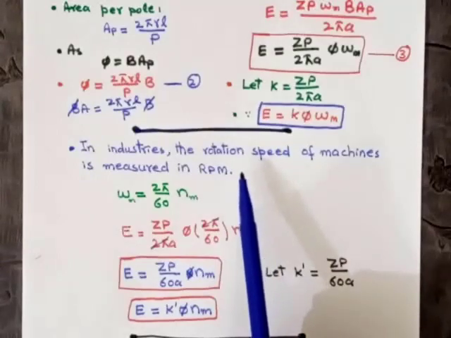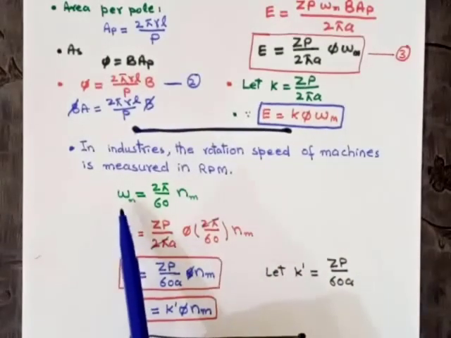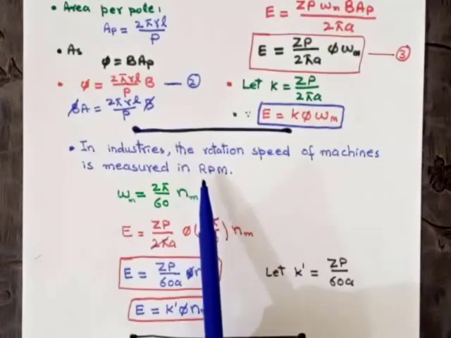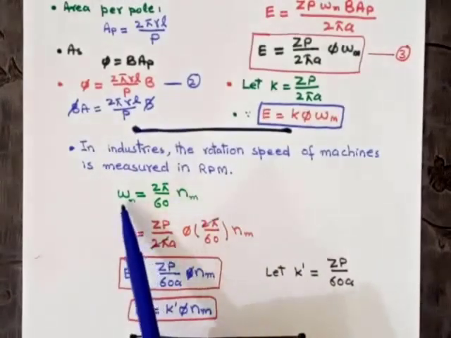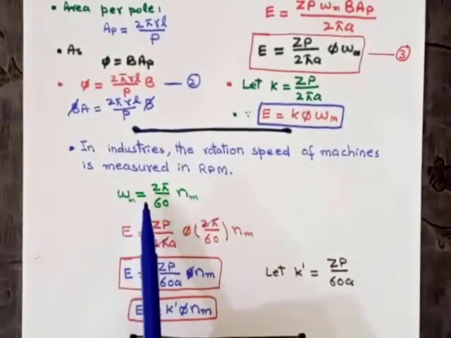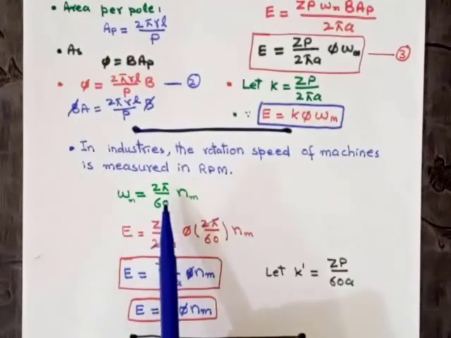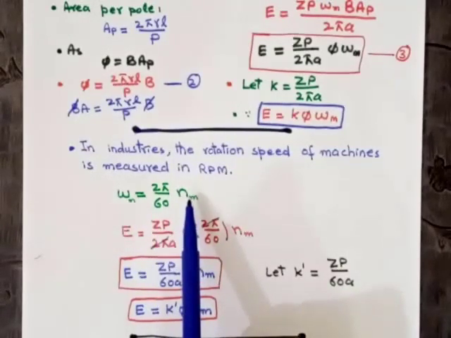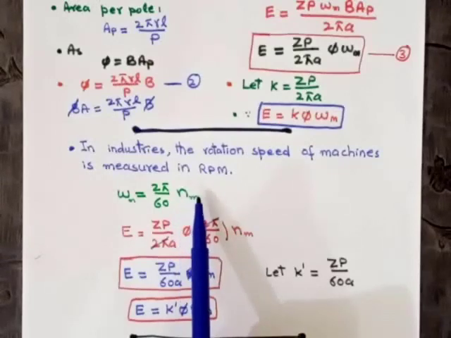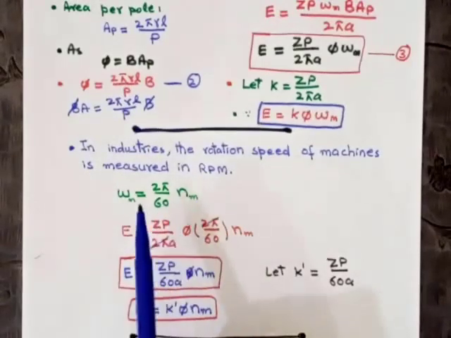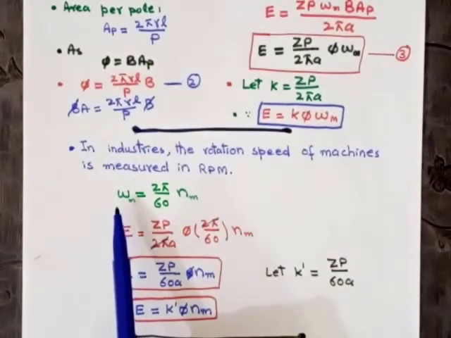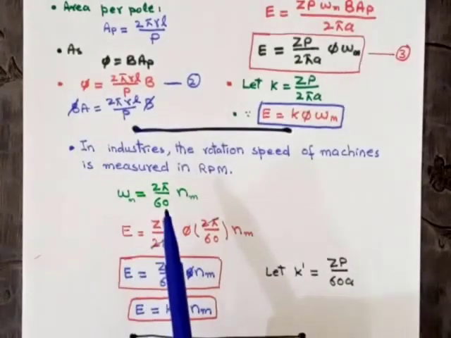As we know, the relationship between revolution per minute and radian per second is omega is equal to 2 pi over 60 into N, where the unit of N is revolution per minute and the unit of omega is radian per second.